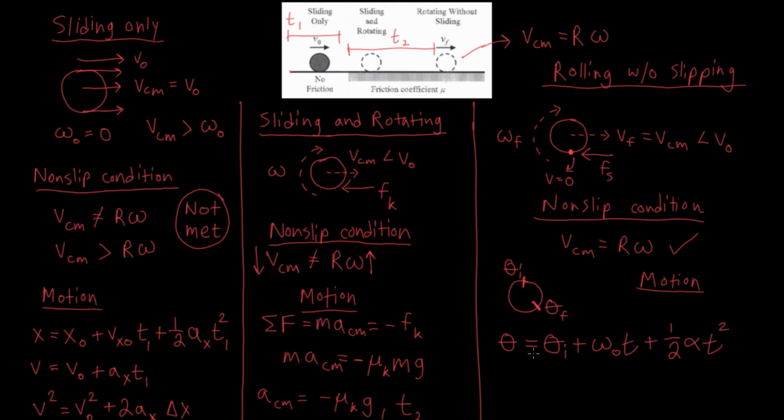Now let's write a rotational kinematic equivalent of the second equation right here. We know that the final angular velocity is equal to the initial angular velocity plus the angular acceleration times the time period in which the object rolls without slipping.